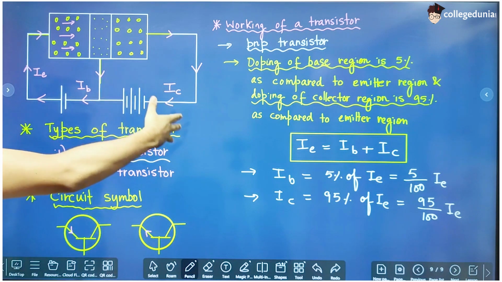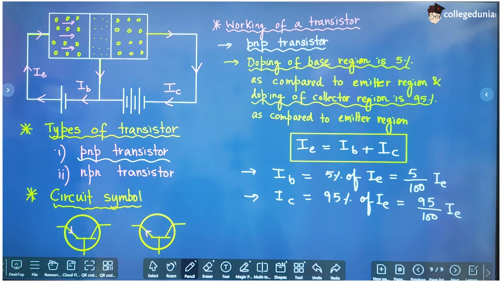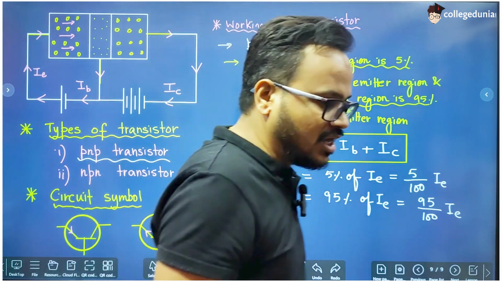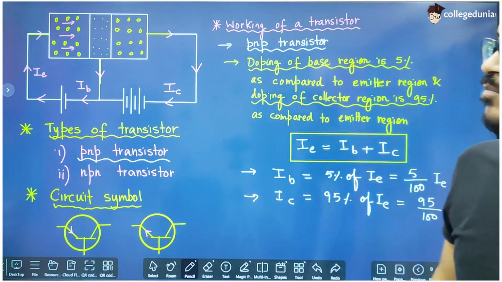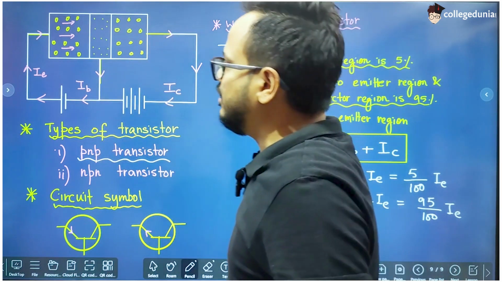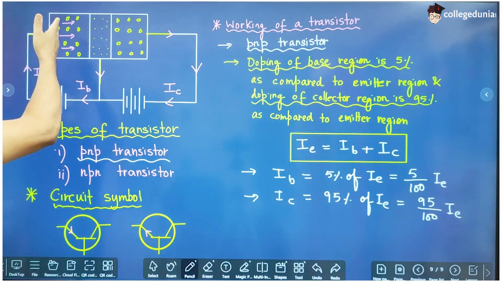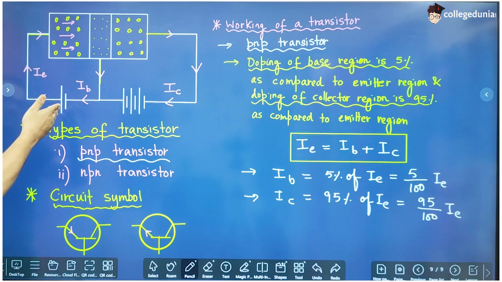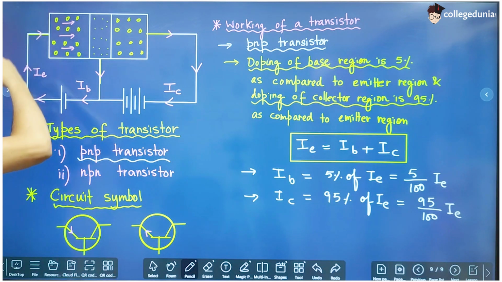Okay. Now, since we have studied the working of the transistor, we can easily understand why the input region should be forward biased and the output region should be reverse biased. Because if the input region is not forward biased, it is not going to emit holes. The holes were emitted only because this was forward biased and the positive terminal of this battery starts repelling these holes.